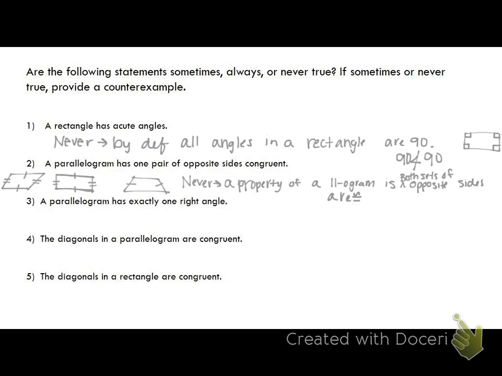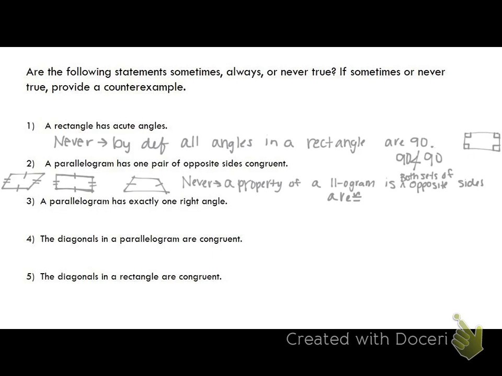A parallelogram has exactly one right angle. Sometimes, always, or never? Because if it has one right angle, then how many right angles is it going to have? If it's a parallelogram and it has exactly one right angle, wouldn't all four of them be right angles? Yep, because consecutive angles are what?